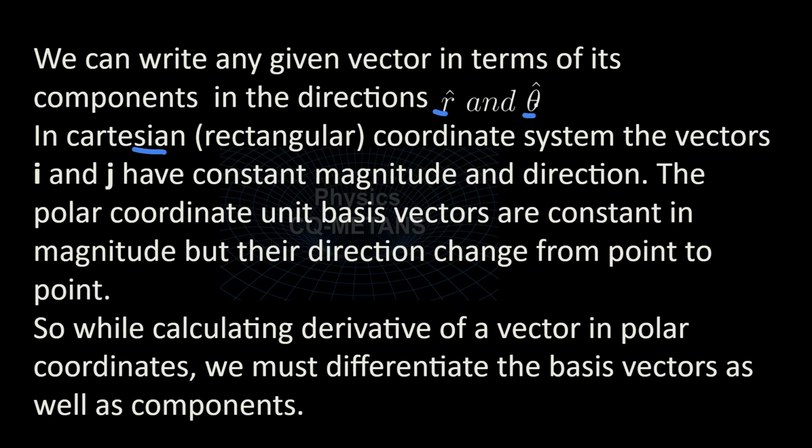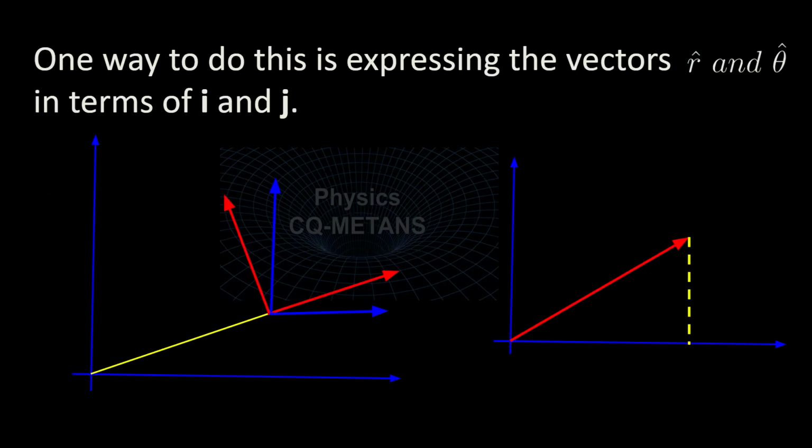In Cartesian coordinates, i and j are fixed, which means they have constant magnitude and direction. Here, x and y, the unit vector along x is i cap and along y is j cap. These unit vectors are not going to change. But the polar coordinate case is different. The basis vector changes: the magnitude remains the same, but the direction changes from point to point.